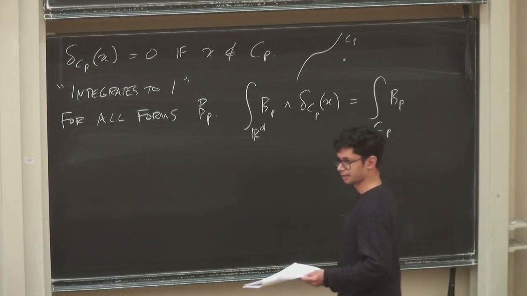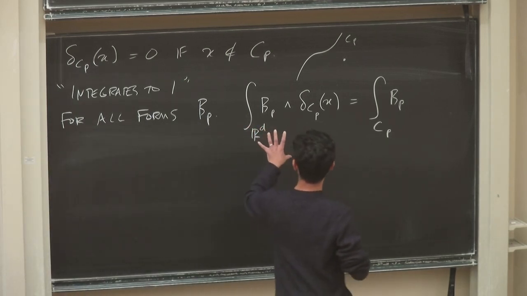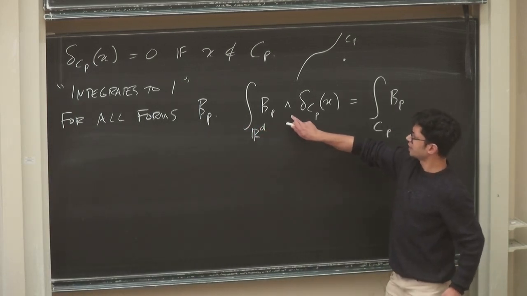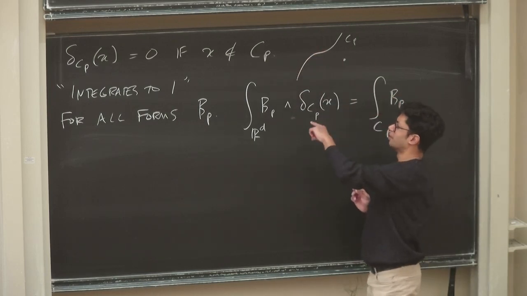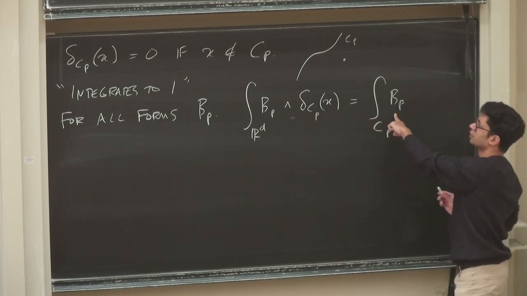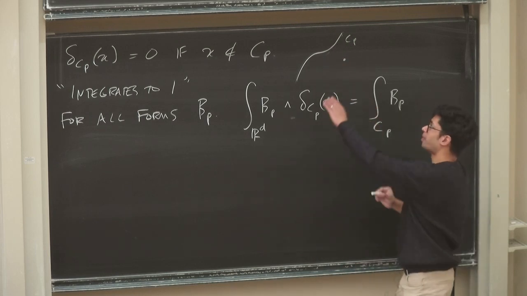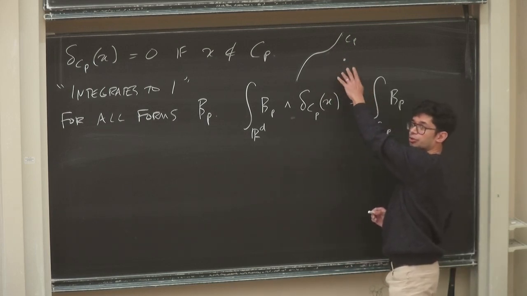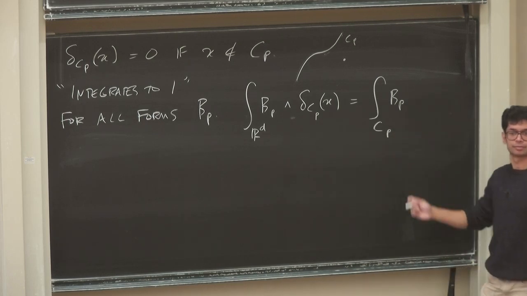Okay. So this is just notation, but let me again emphasize what this means. What this side is saying is you're integrating some form over all of space multiplied by this delta function, okay? And the final answer has only the integral along this C_p, okay? So the parts that weren't on C_p are 0 and don't contribute. The parts that are on C_p contribute in the obvious way, okay?